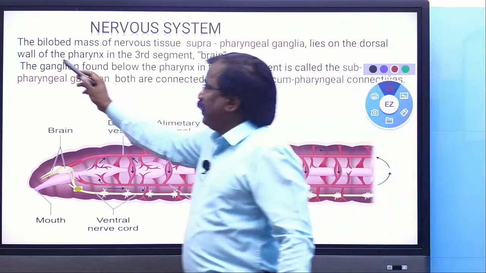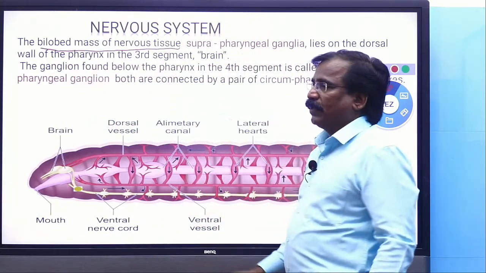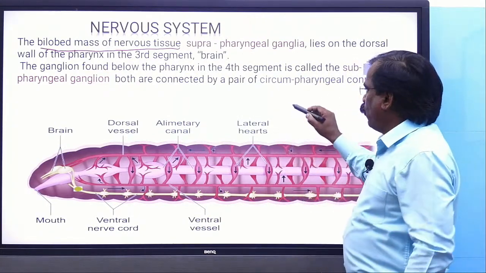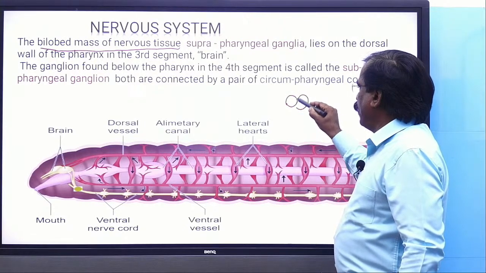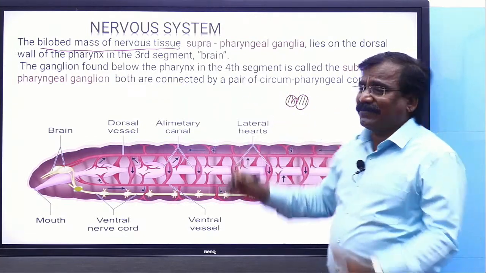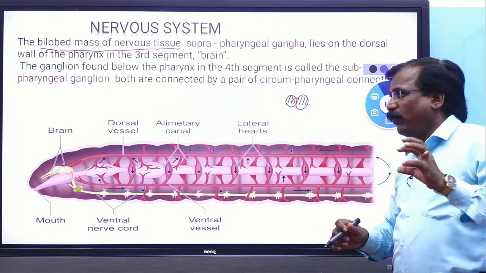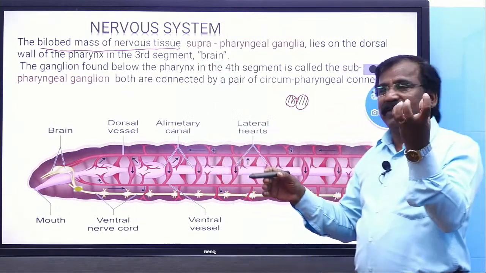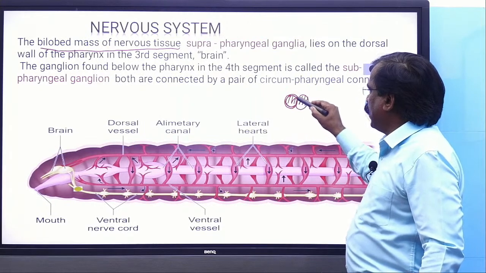There is a bilobed mass of nervous tissue. It is like a brain, but bilobed, meaning a two-lobed structure. A collection of nervous tissue is called a ganglion, a mass of nervous tissue that forms two lobes.